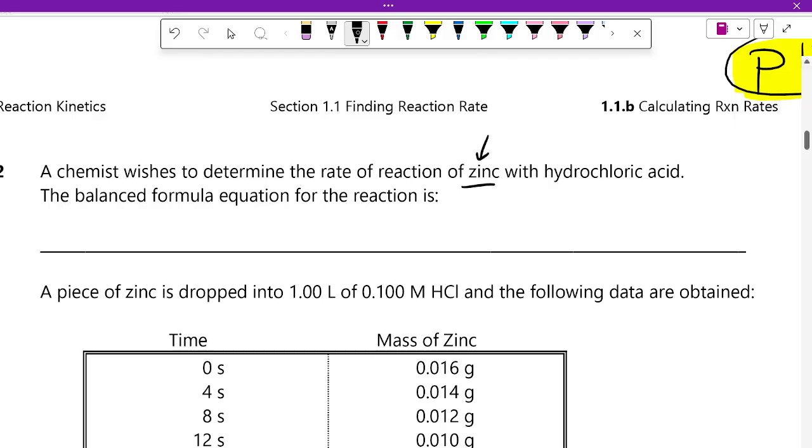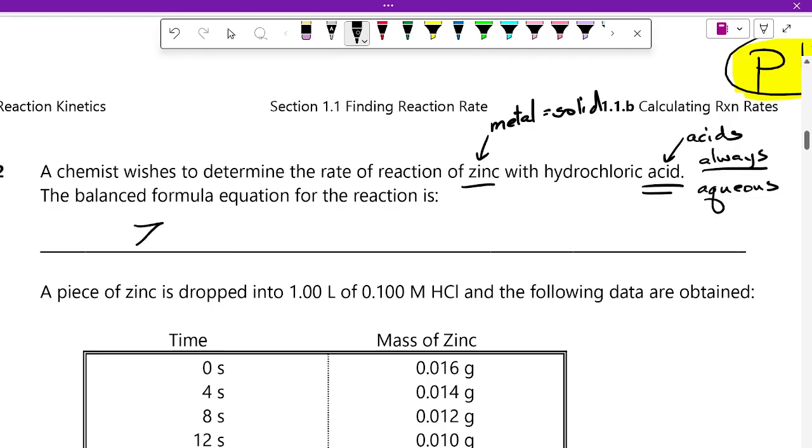Now we have to use the solubility table. Then it's ZnCl2, because zinc is +2.